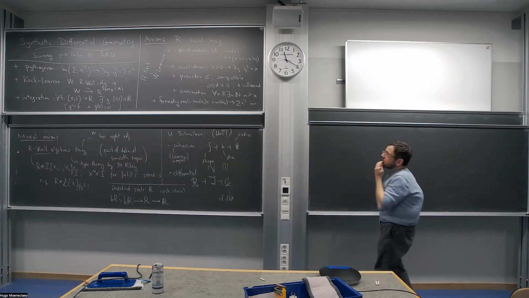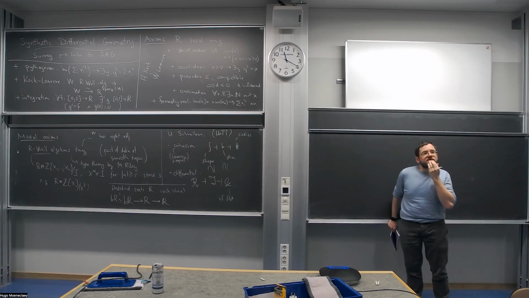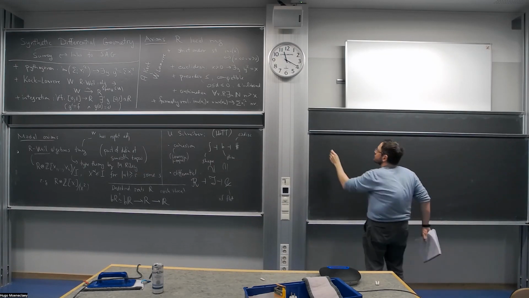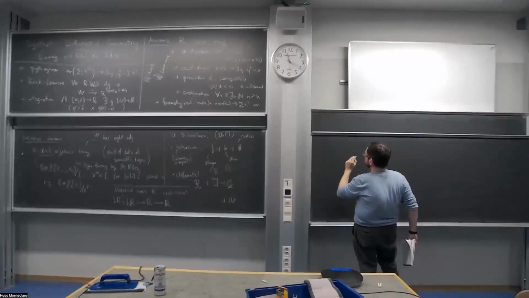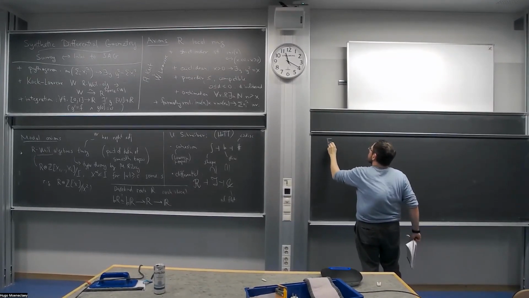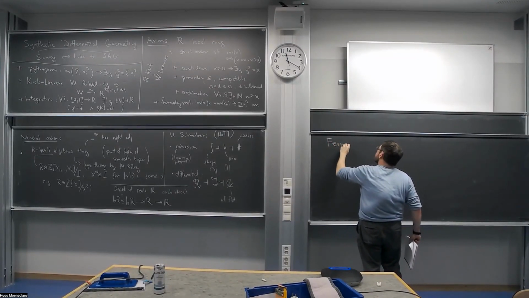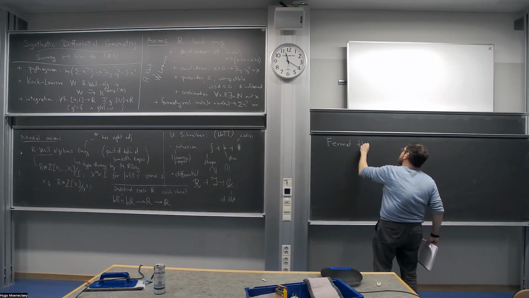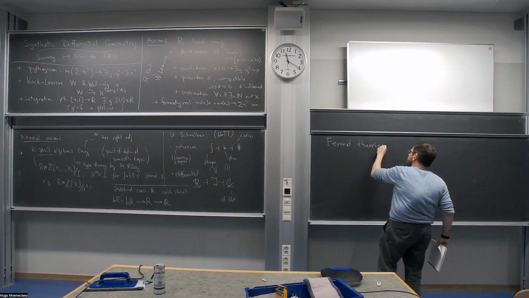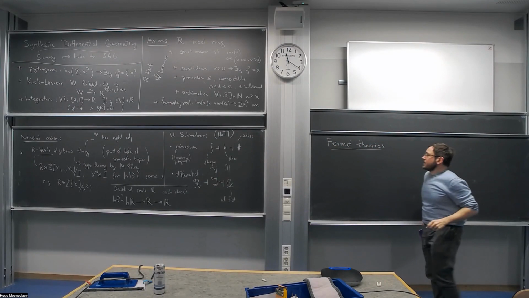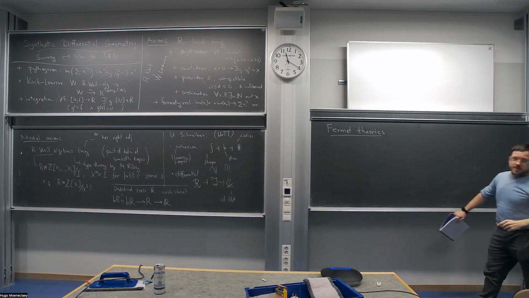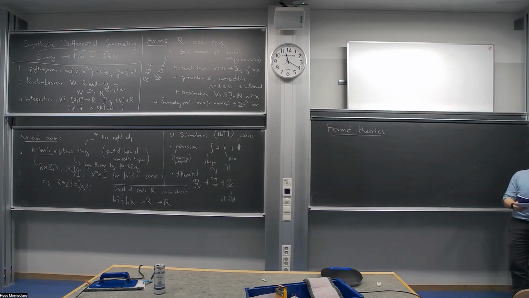Okay, so now let's talk about the range of models for this. And to get towards the models, I want to talk about Fermat rings, or Fermat theories, rather. So we'll spend some time talking about Fermat theories, which include commutative rings. So that's why there's a connection to synthetic algebraic geometry.